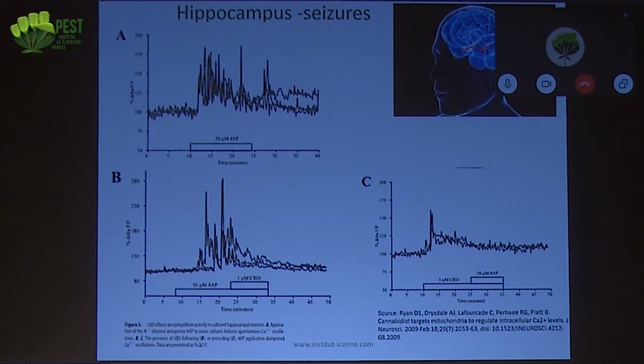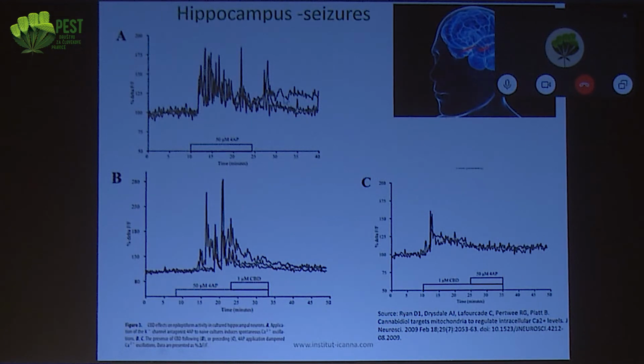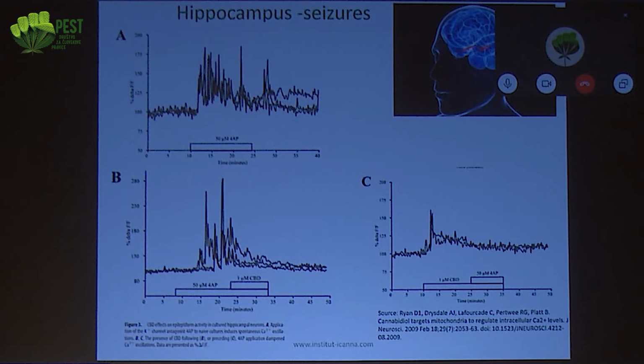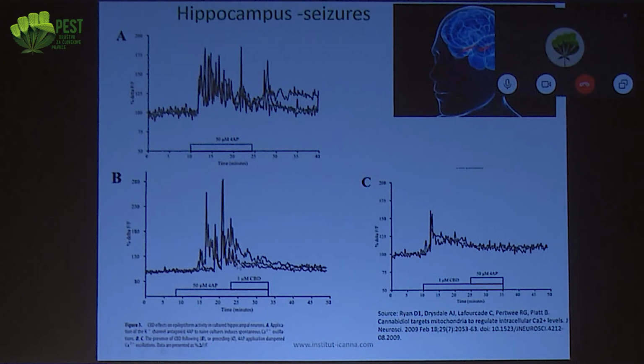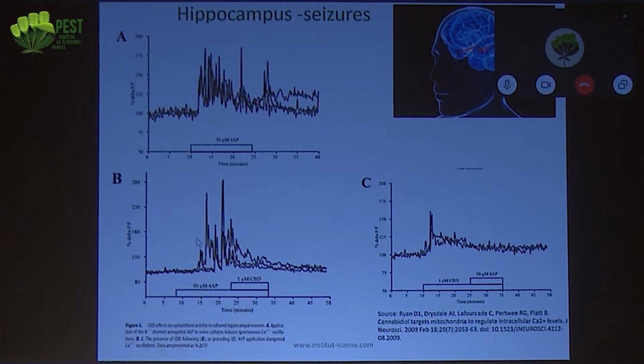When in models we induce the calcium to jump up and down and not come back to a steady level, this is usually associated with following seizures, either epileptic or other kinds of seizures.